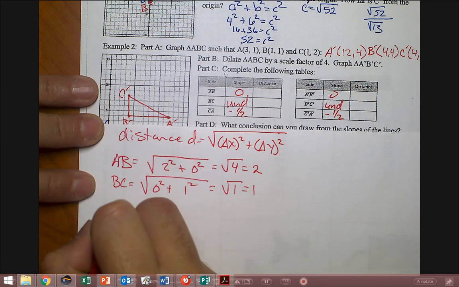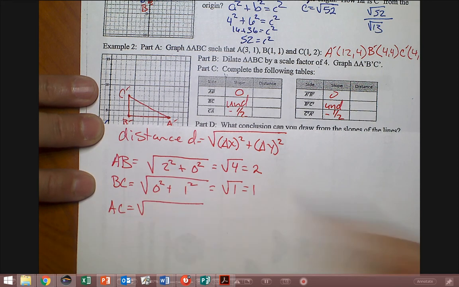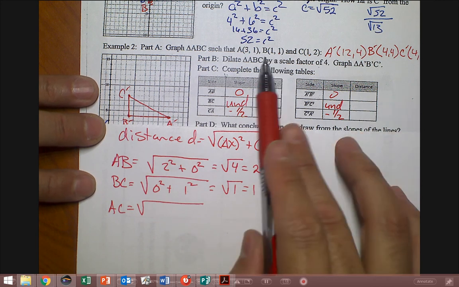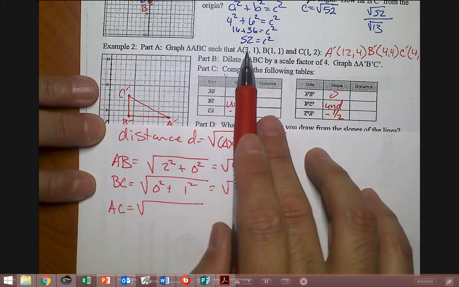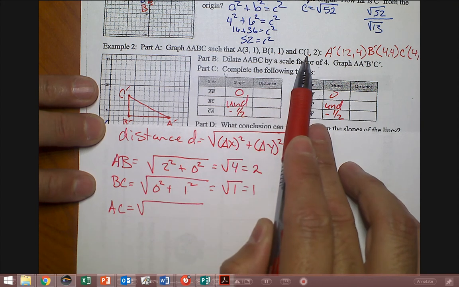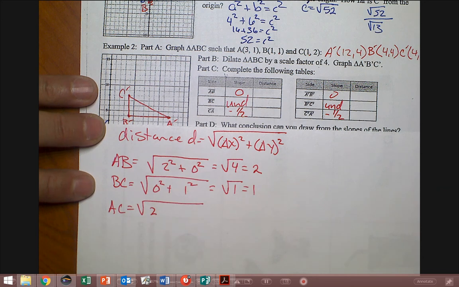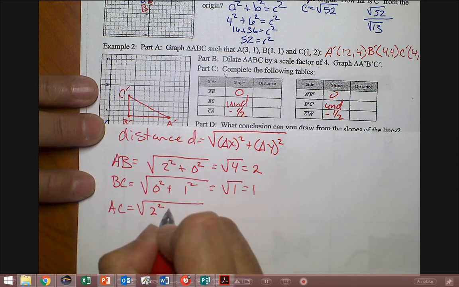Now my last one is going to be AC. This one's not going to look as pretty, but the math is still right. If we're doing AC, how far is 3 away from 1? It's going to be 2. It's just asking how far apart they are, not a negative or a positive. So it's 2 plus.